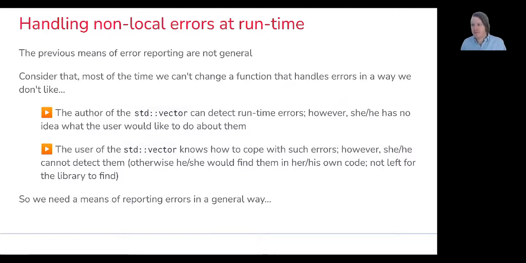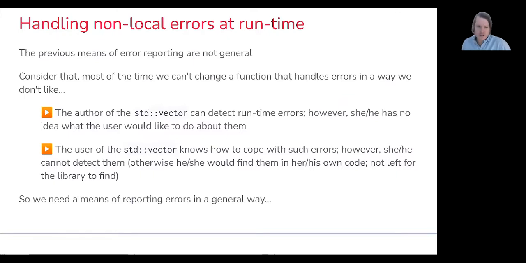Likewise, the user of the standard library vector probably knows what they'd like to do when such errors arise. However, she or he cannot detect them because the error is not arising in their code. It's arising in the code that they're interacting with. Otherwise, he or she would find them in their own code, not leave them for the library to find.